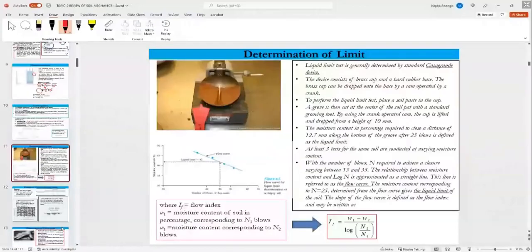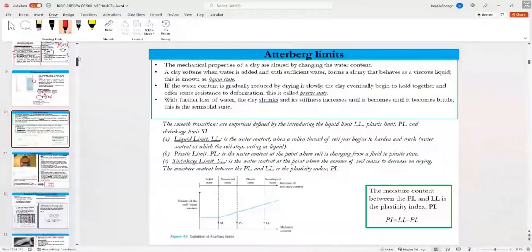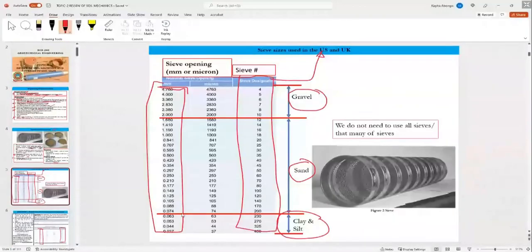Now, we said that anything, let me go back to previous slides. Anything that passes 0.074 millimeter is clay.